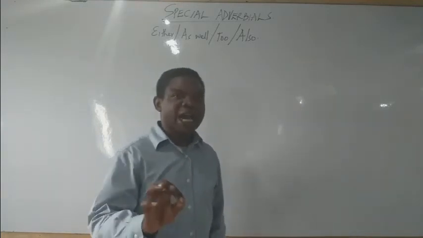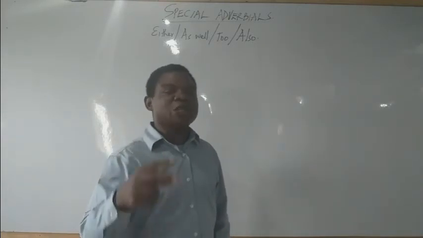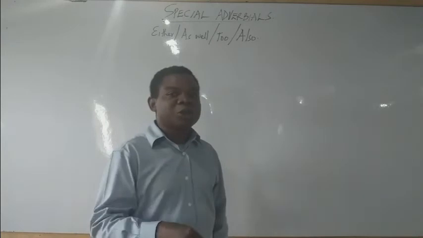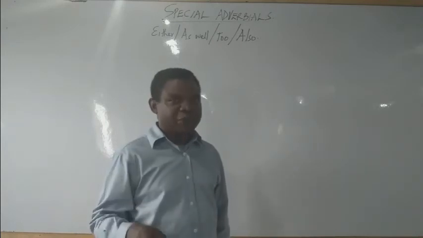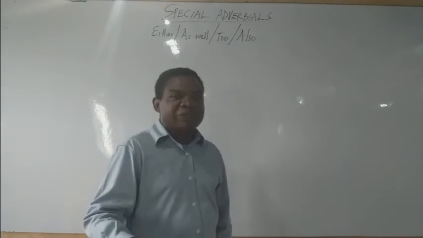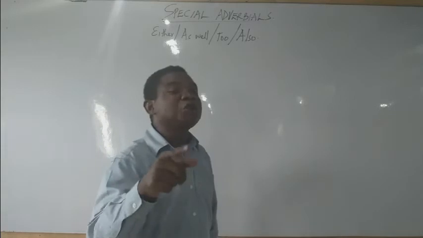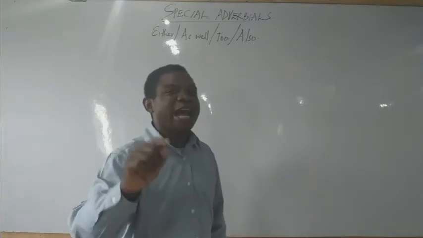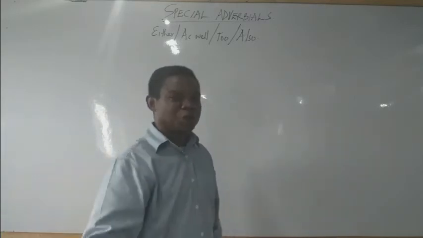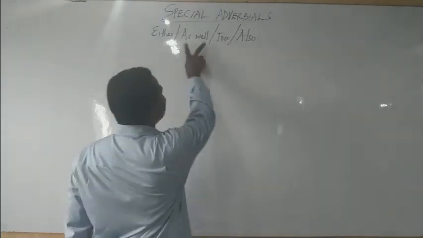Take note, either exists at the end of a sentence, where there are two clauses, and the two clauses must be negative. The first one will be negative, the second one would also be negative. Then at the end, what you will use is either. We often use as well or to, and that becomes an erroneous expression. So the correct answer there would be either. That's the first one.